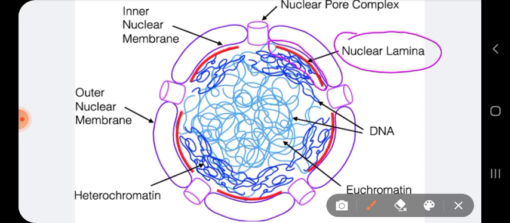These lamins mainly make the nuclear lamina, and as I keep saying, they support the nuclear envelope and maintain the overall shape and structure of the nucleus. Additionally, the nuclear lamina also contains some lamina associated proteins which help to mediate the interaction with the inner nuclear membrane.